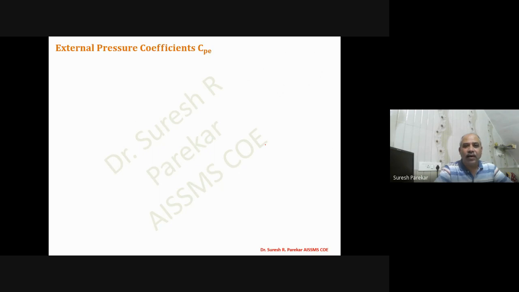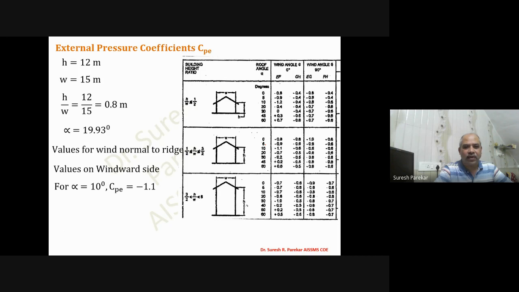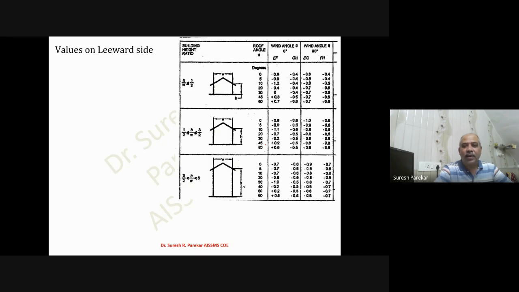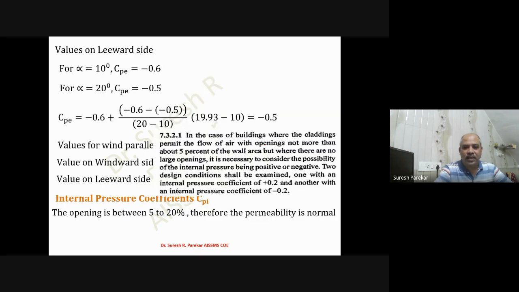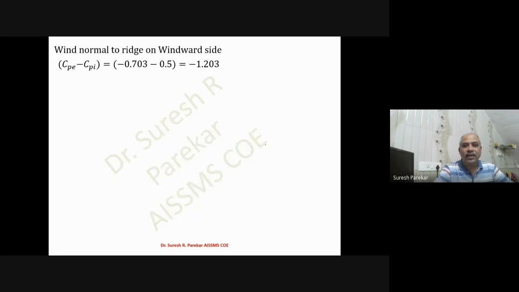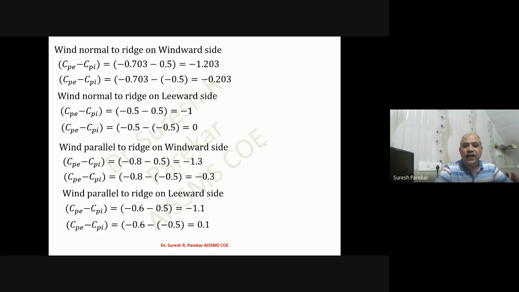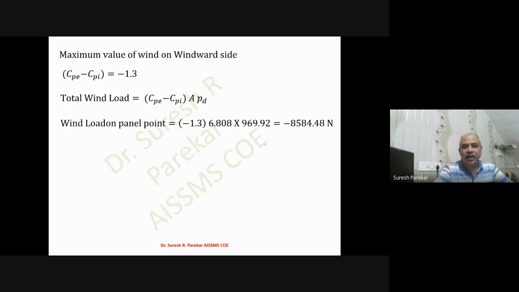We have the external pressure coefficient, same H by W we have considered. Then we have calculated alpha, CPE, CPI, then normal wind pressure plus minus 0.5. From this we got these four combinations, and we have considered the first combination, which is minus 1.3, and by this we have calculated this value.